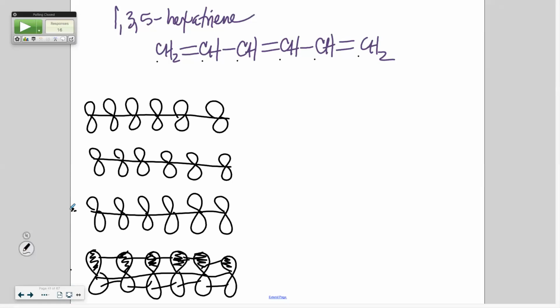Yeah, put it in the middle. So I'm going to go up, up, up, and then down, down, down. It doesn't matter if you colored down, down, down, and up, up, up. All right, so here's your bonding interactions, and here is your node.